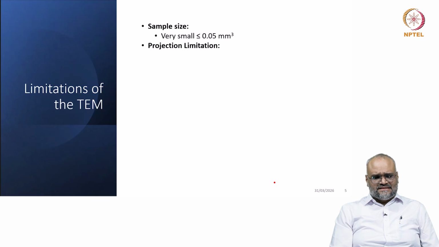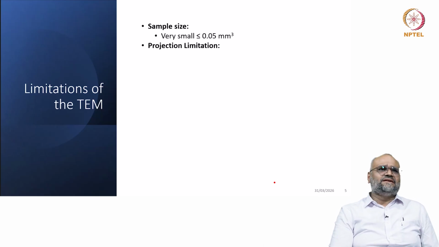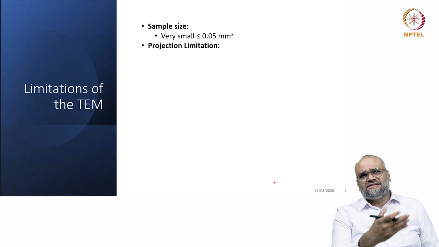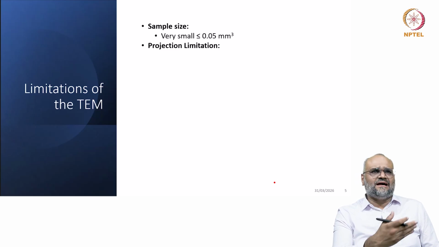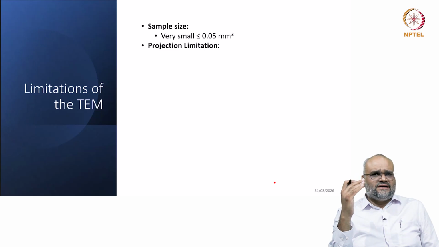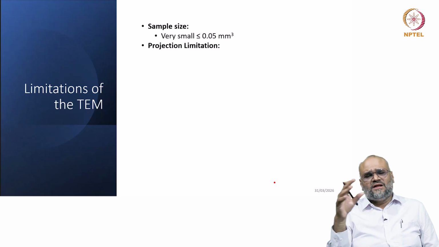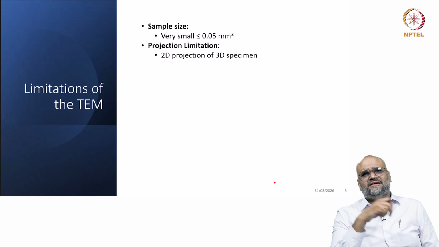The next thing is, transmission electron microscopes have the projection limitation problem. That is, after the electron beam interacts with the specimen, whatever information is forward scattered is projected onto the screen or your camera. So what you are actually recording is a two-dimensional amplitude distribution of a three-dimensional specimen.